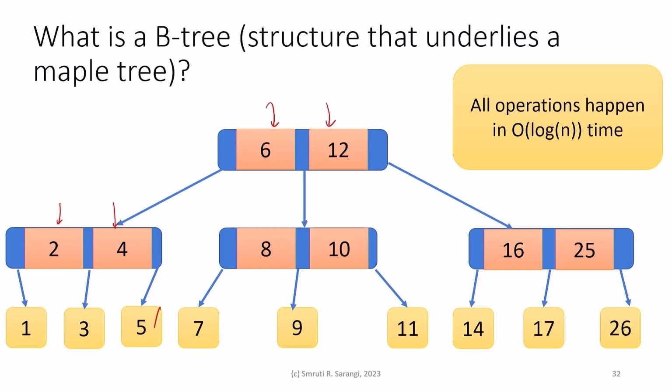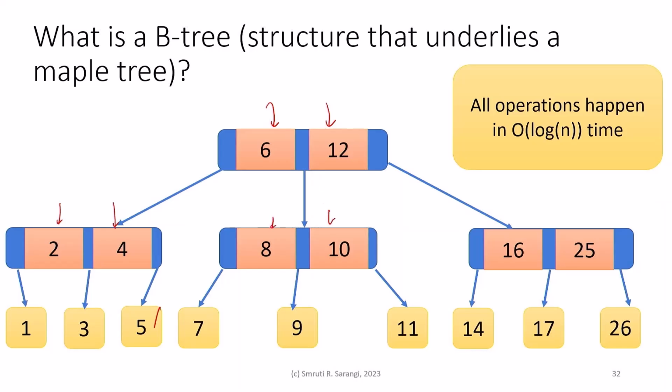It may not actually be stored in the data structure, which means it will not be associated with a value. You can have another kind of key which is associated with a value, which makes storage difficult, which is why a B plus tree is better. But broadly speaking, in a classical B tree, every key can be stored anywhere in the tree. So coming back, between 6 and 12 you go here.